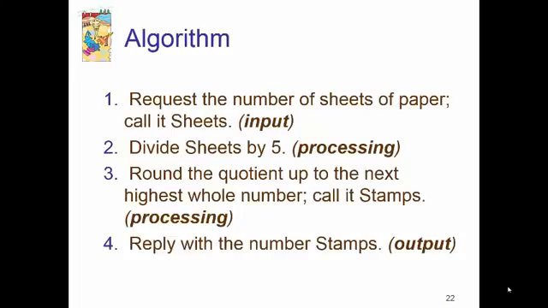So our algorithm is going to request the number of sheets of paper, call it sheets, and that's going to be our input. We're going to divide the sheets by 5. That's our processing, the part that the computer is going to do. Then we're going to round that quotient up to the next whole number value and call it stamps. Again, that's processing, a step that the computer is going to do. Then we're going to reply with the number of stamps. That's going to be the output.